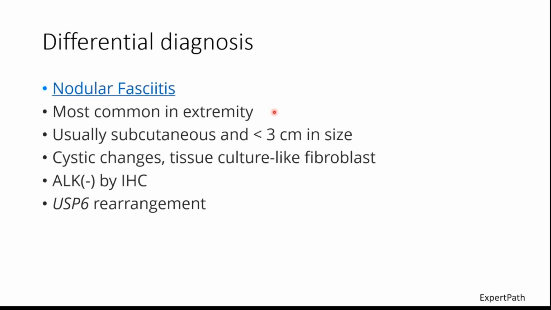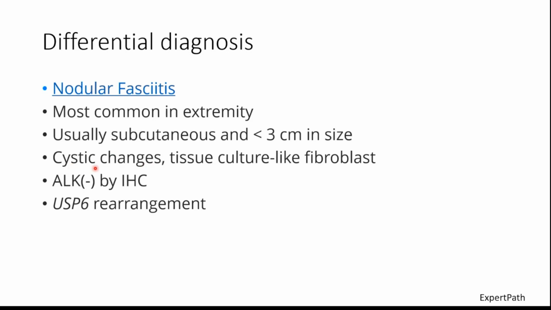So for the differential diagnosis, the first one we need to bear in mind is nodular fasciitis, but the anatomic site is commonly the extremity, and it is usually small, less than 3 centimeters. For histologic findings to tell them apart, one is tissue culture-like changes. I have a digital slide to show you later.